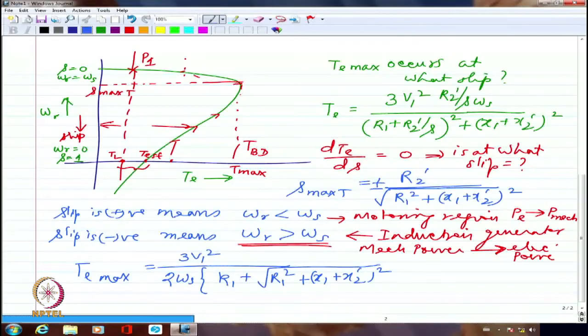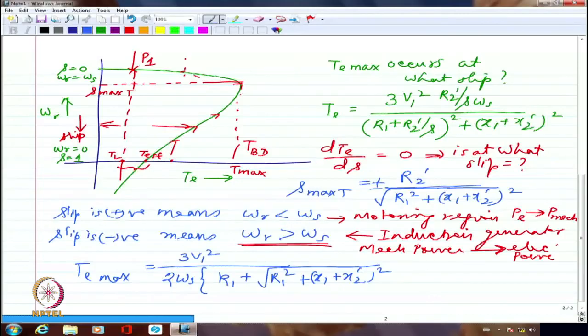One thing I would like to point out here: TE max does not depend upon the rotor resistance at all. Although all along when we were talking about the torque, we always said I2 square R2 by S omega S, so R2 was playing a very, very vital role.